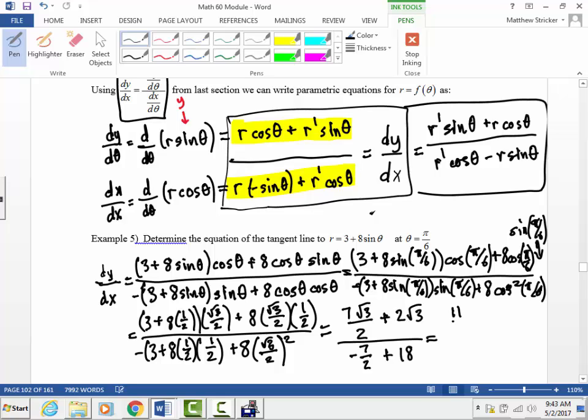This is 11 root 3 over 2, over 29 over 2.